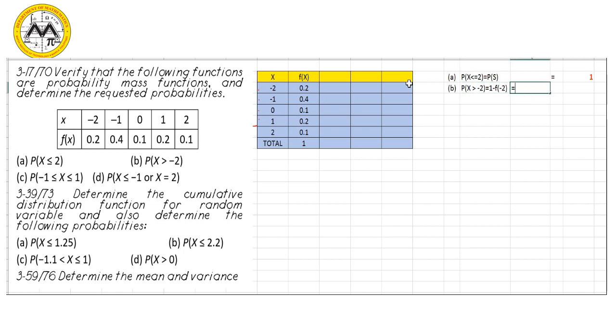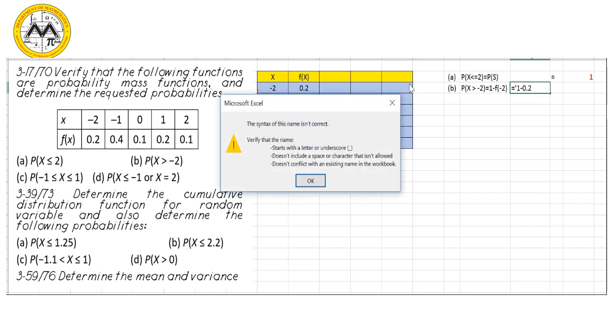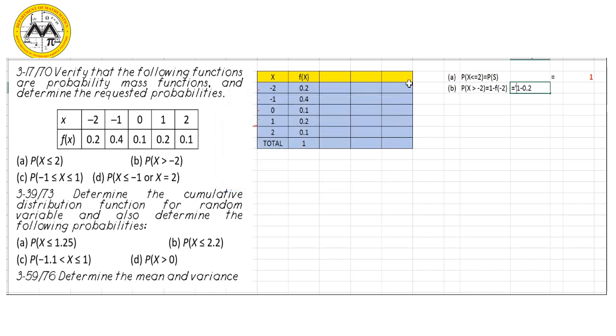The values included here are 0.4, 0.1, 0.2, 0.1, or this is 1 minus 0.2. So that is equal to 0.8.